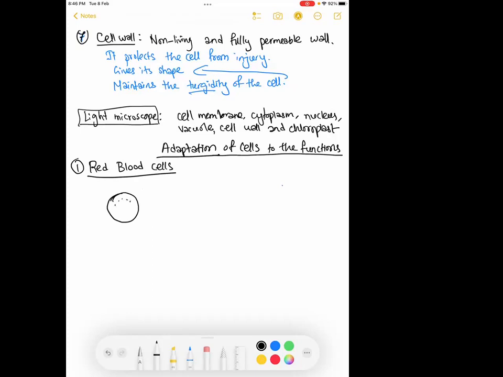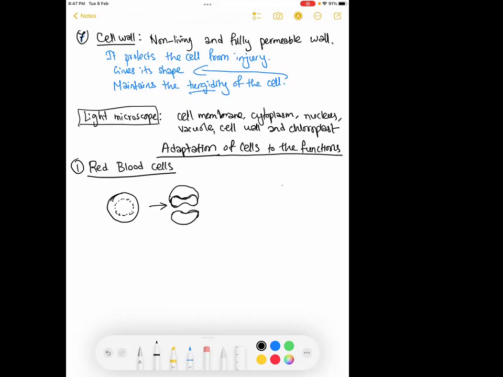Obviously in a 3D drawing you can see it, but this is a 2D drawing, so it's difficult to show, but I think you get the idea. When you try to draw a cross section, it will look like this. Let me try to draw it properly so that you can see. Suppose I cut it through the middle and draw it like this, so you can see the cross section.